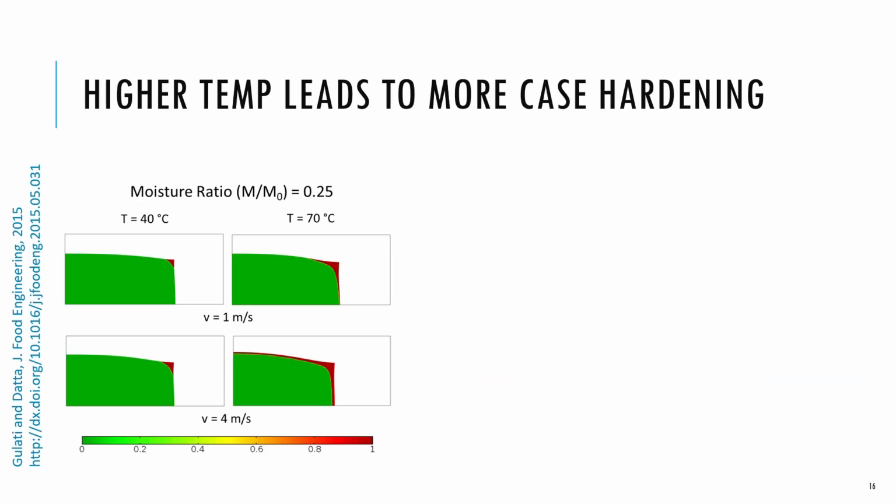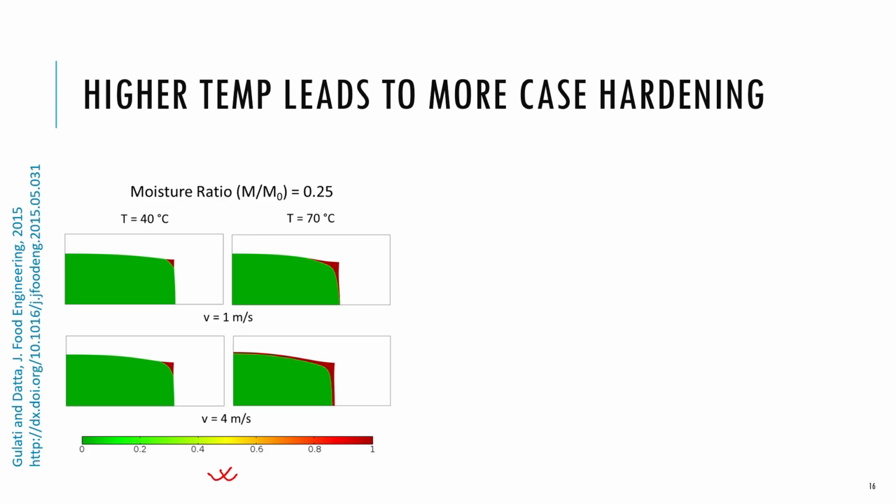So the higher temperature drying causes the outer crust to form sooner, and this leads to more case hardening. Now this crust formation or case hardening, how it varies from the outer areas to the inside of the food, is shown in this plot here. The plot shows the difference between temperature at a location and the glass transition temperature at that location.